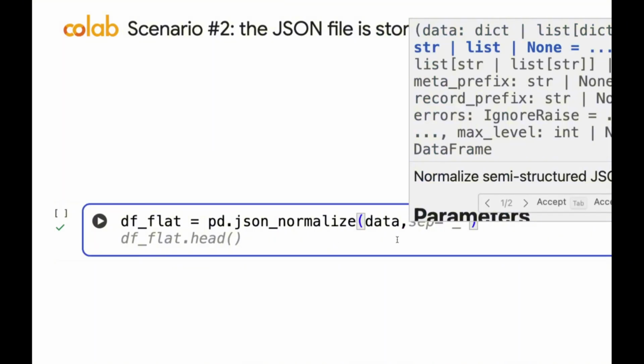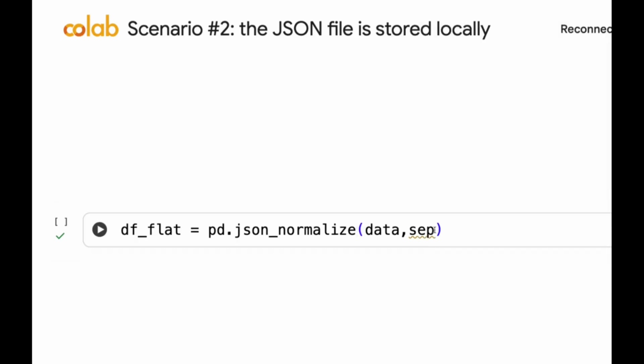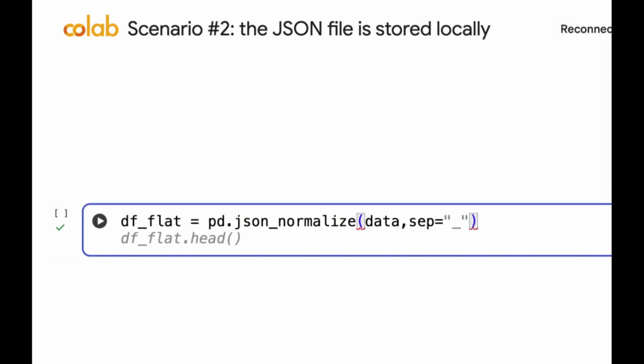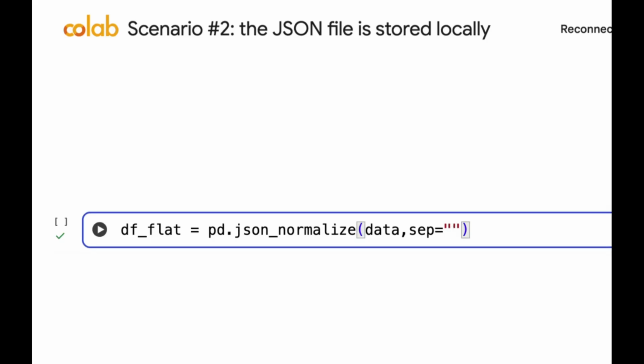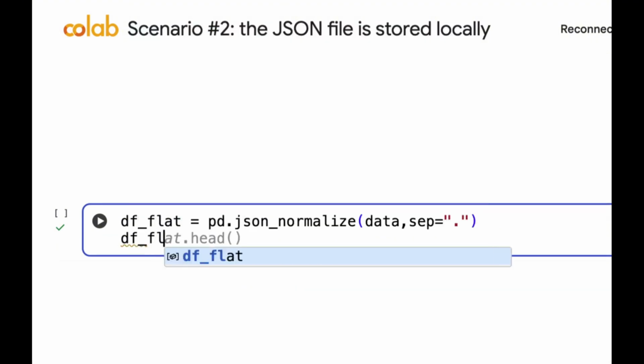There's one more thing we can specify, which is a separation symbol, so sep equal to some symbol. It's common to use a dot, or if you want, you can use an underscore or dash, whatever you want. Let's see why we need this separation symbol.